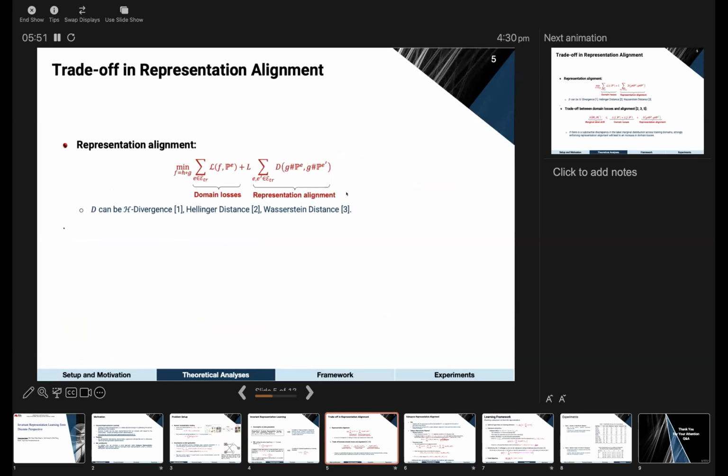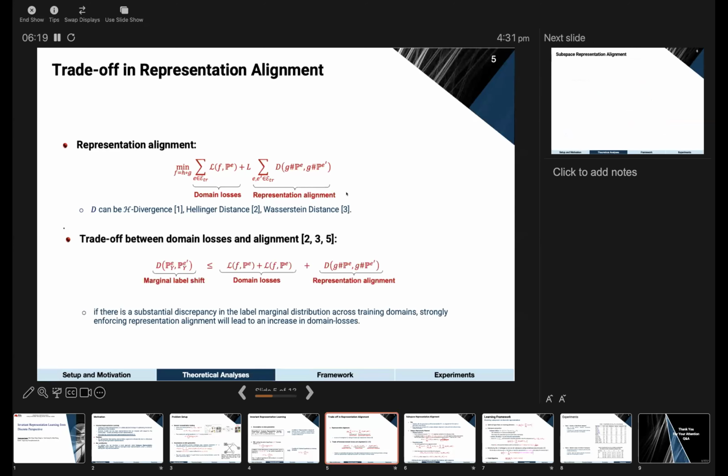You can see here that the first term is the domain loss, and the second term is the representation alignment term, which minimizes the divergence between the latent distributions across domains. This divergence can be the KL divergence, or Hellinger distance, or even Wasserstein distance.